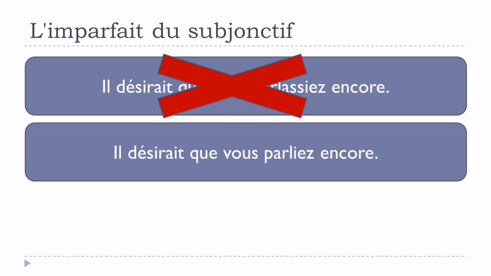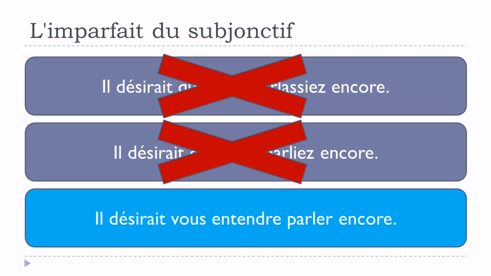So the question is, should we use il désirait que vous parliez encore? And well, clearly it's not an option because it is not correct. So the only way that we would have a correct sentence would be to modify it and get il désirait vous entendre parler encore. Okay, and it's quite interesting here because the first one was correct, but it's not used anymore.